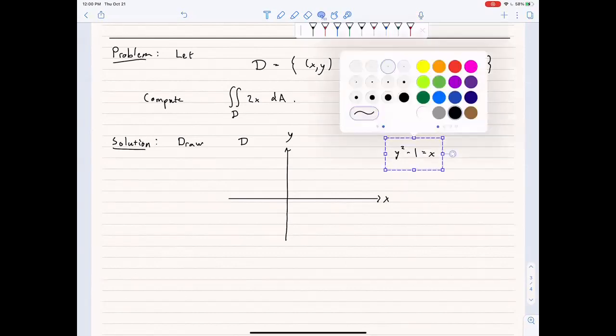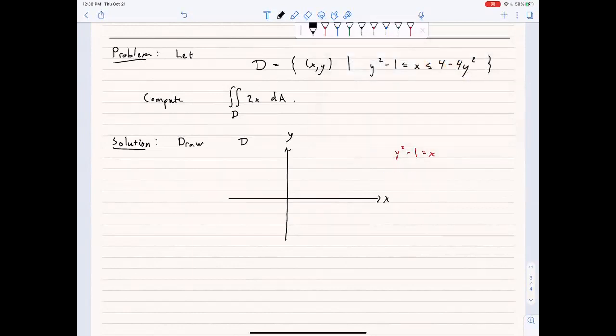This will give you this picture, something like this, more or less. Okay, so this should give us one of the boundaries of our domain.